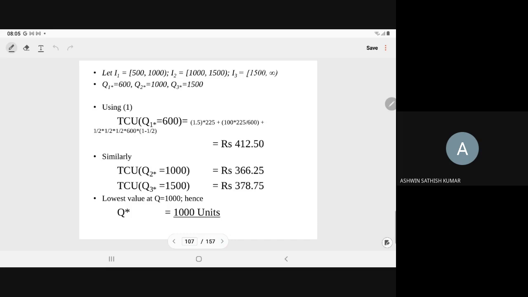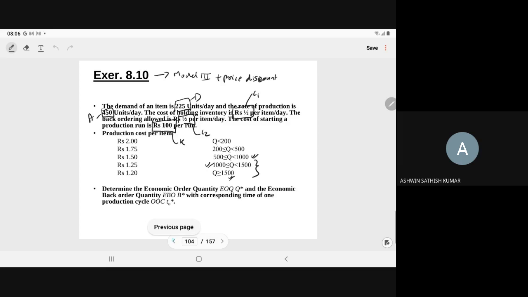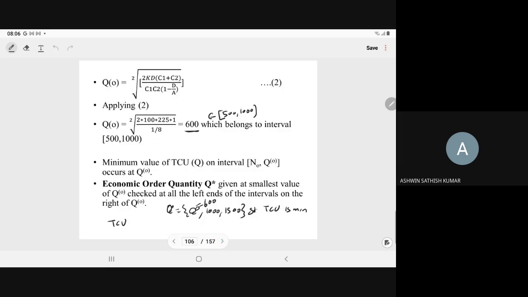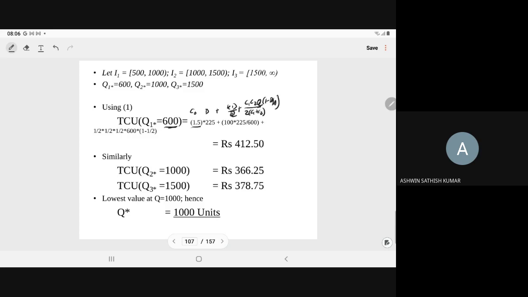One time we are taking Q as 600. When Q is 600 and it belongs to the interval 500 to 1000, C naught is rupees 1.5. So it is coming 41215.